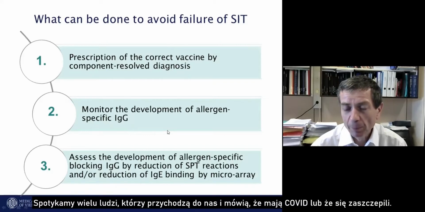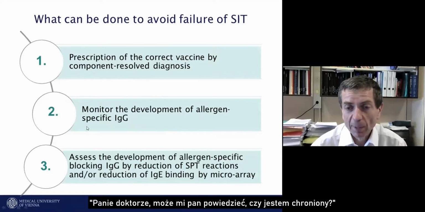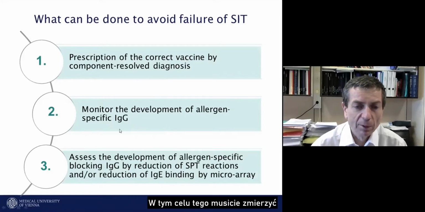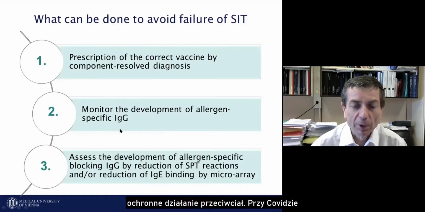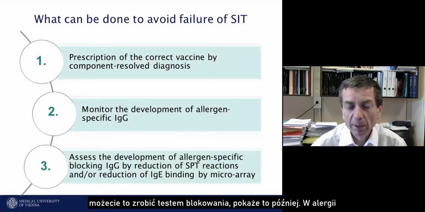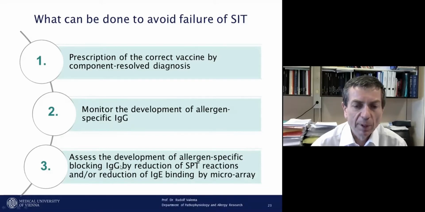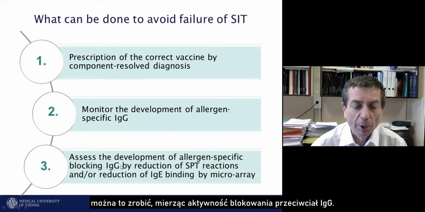We see many people coming to us and they ask, now I had COVID or I was vaccinated. Doctor, can you please tell me if I'm protected? And for this, you need to measure the protective activity of the antibodies. Now in COVID, you can do it by a blocking test, and I will show you later. In allergy, you can do it by measuring the blocking activity of the IgG antibodies.